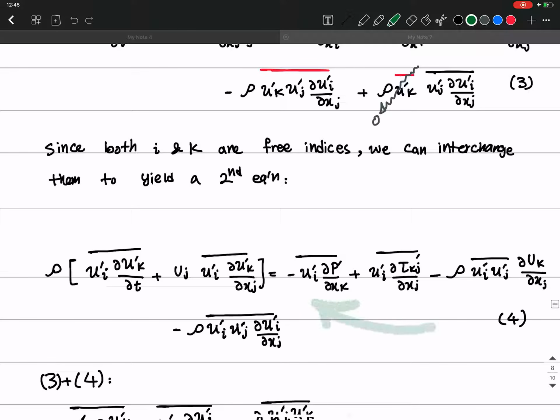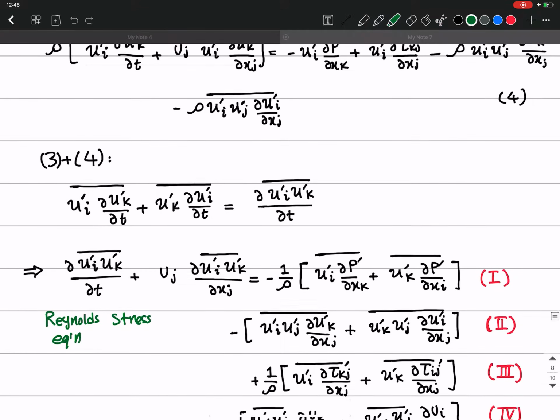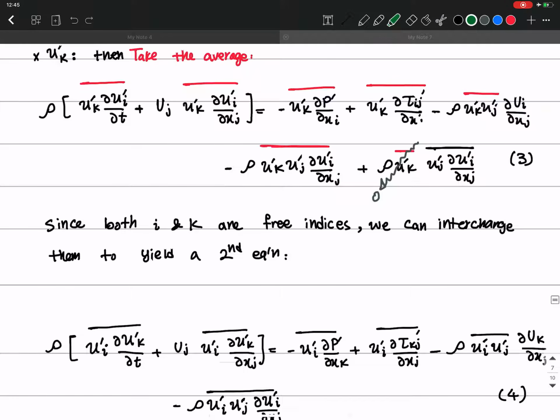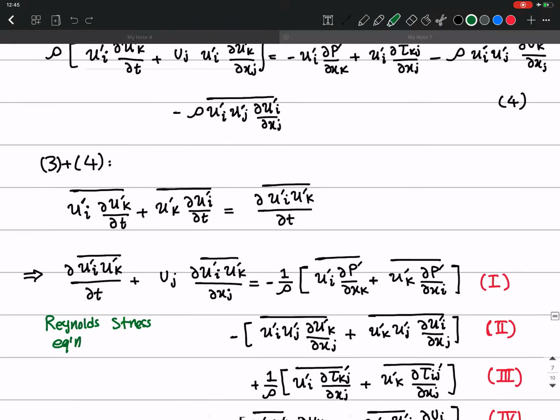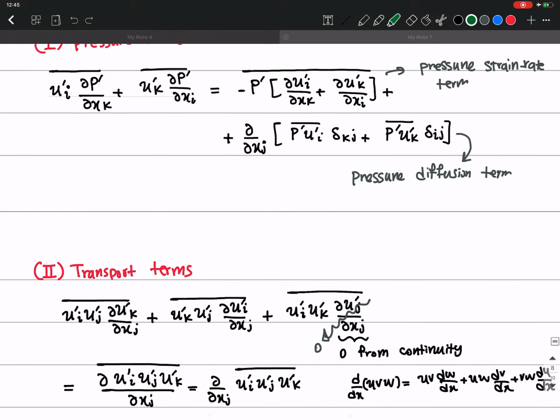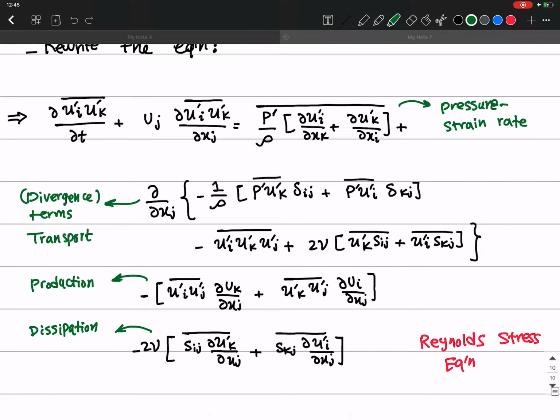So this is an equation for the Reynolds stresses. We add these 3 and 4 together by swapping i and k, and we were able to get an equation for Reynolds stresses, which is shown here. Then by rearranging the terms a little bit and defining these terms, we finally got to this equation, which is a more commonly used equation for Reynolds stresses.